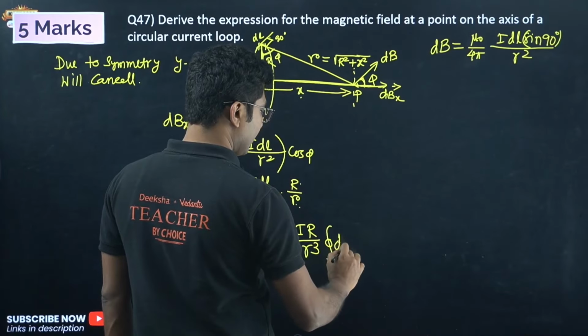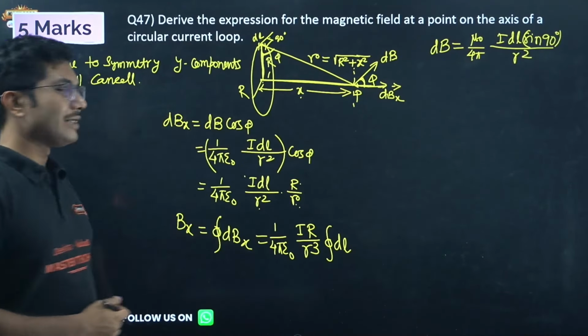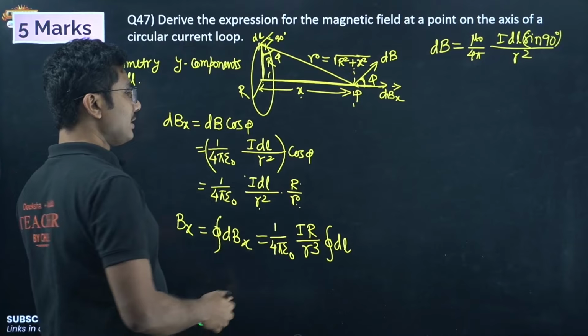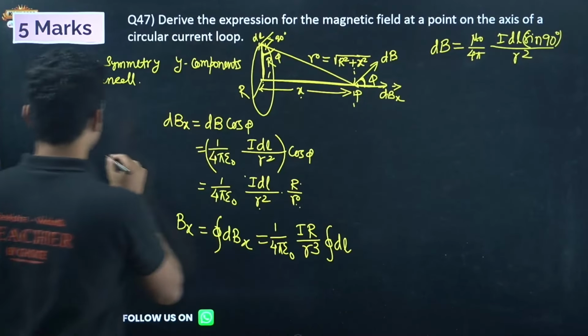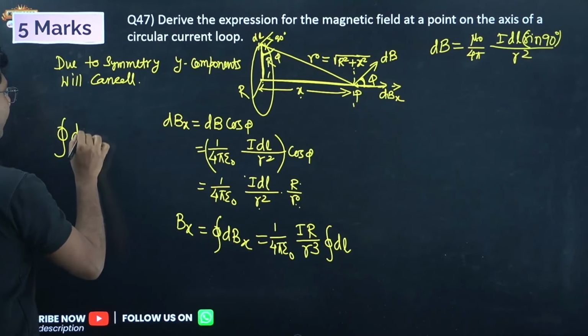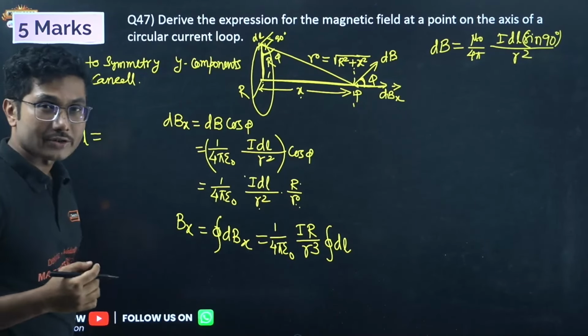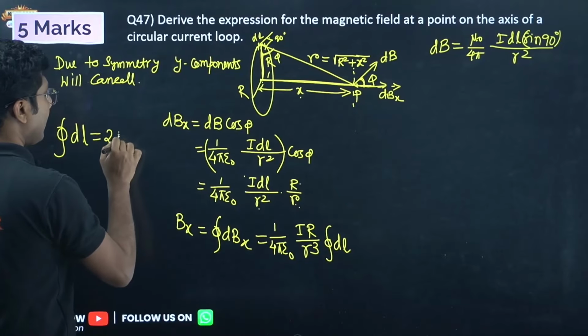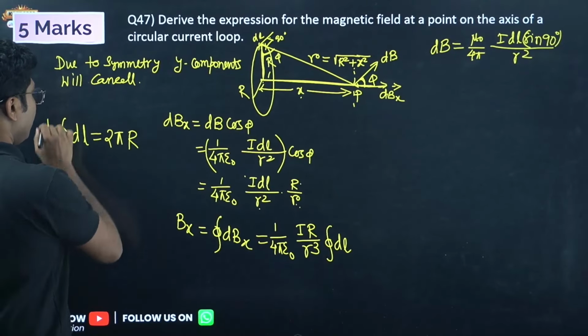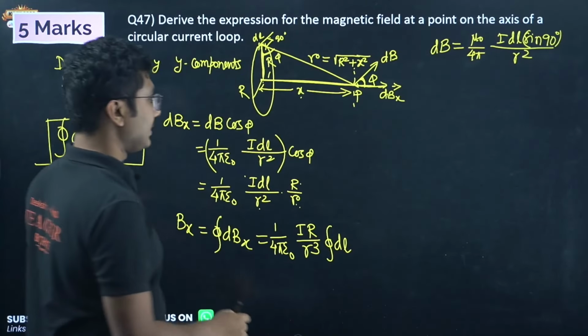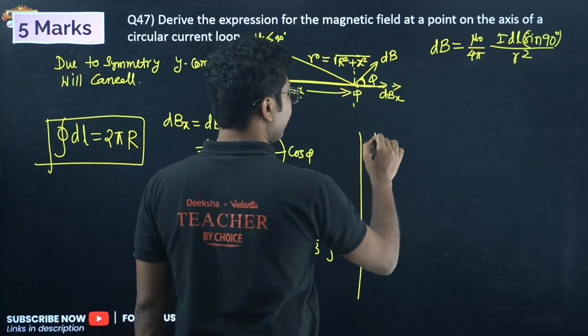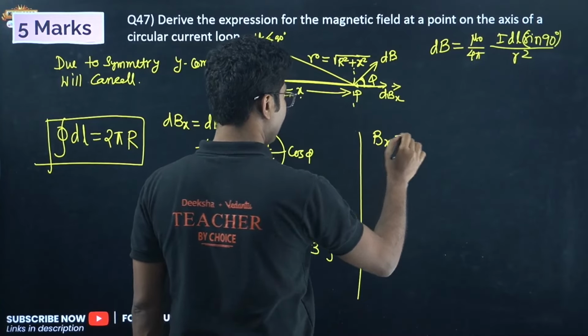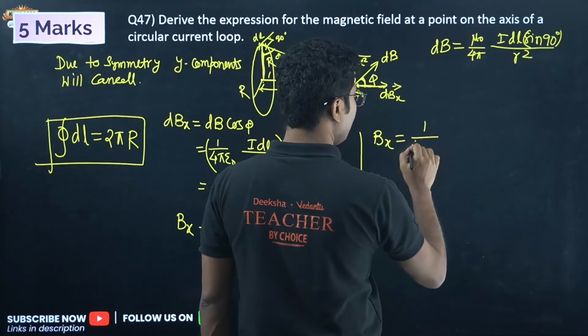Here we have the closed integral of dl. What is the closed integral of dl? It means the circumference of this circle. So what is the circumference of a circle? 2 pi R. We will use that in our next stage. So the total magnetic field on the x-axis is given by Bx equals 1 by mu naught.